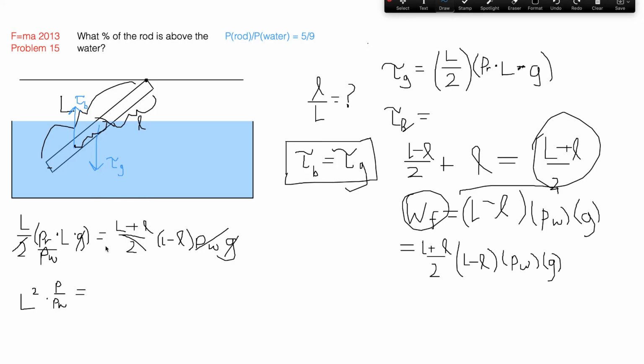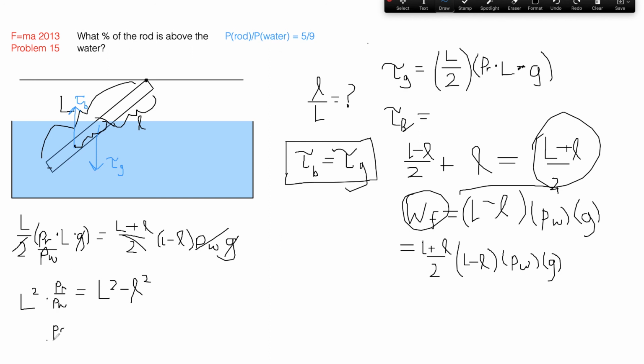What I notice is that this is a difference of squares: big L squared minus little l squared. Remember, what we're trying to find is little l over big L. I forgot the R here, the density of the rod. So I would think we should divide both sides by big L squared, so we just get the known on this side.